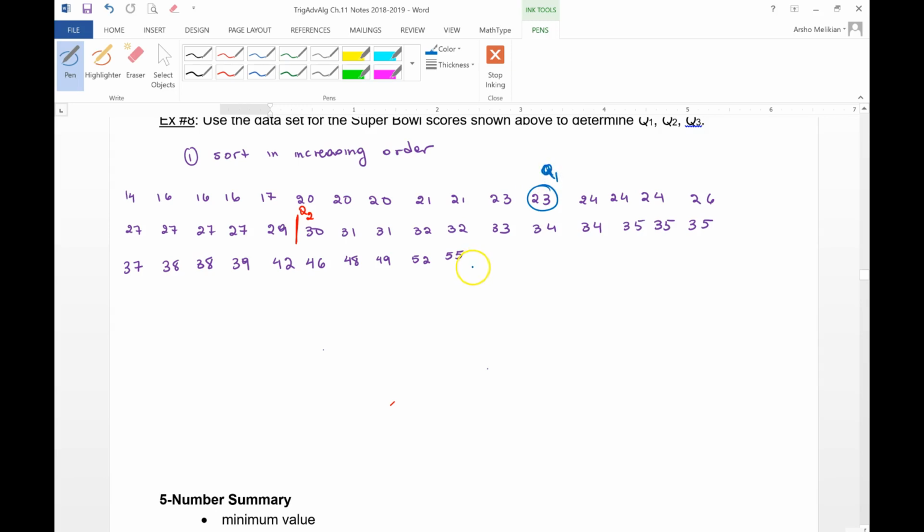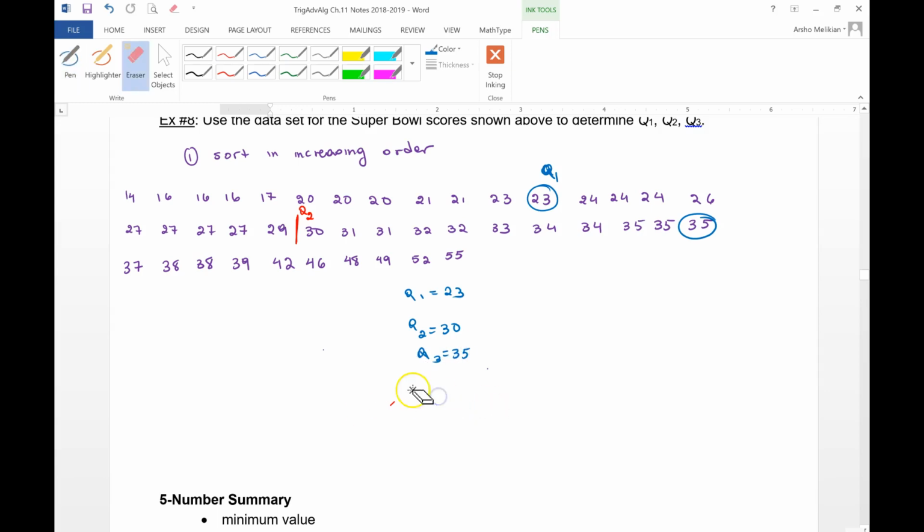And then here there is also 21. Again, it has to be the 11th one, so it's the third 35. Okay? So Q1 is 23, Q2 is 30, and Q3 is 35.